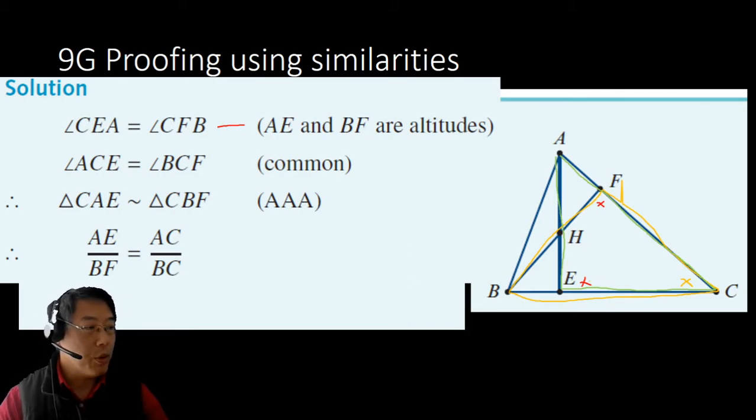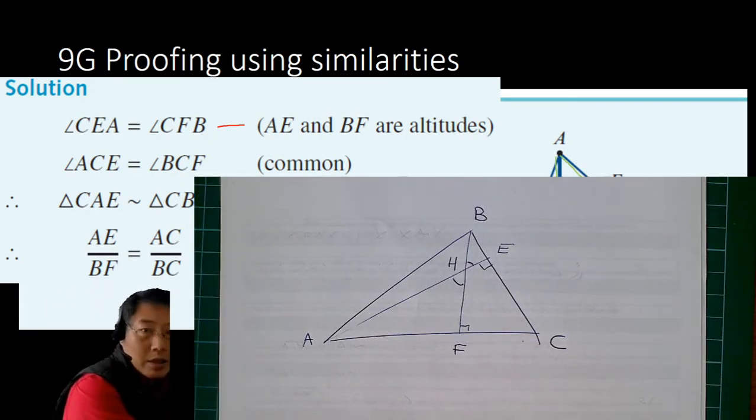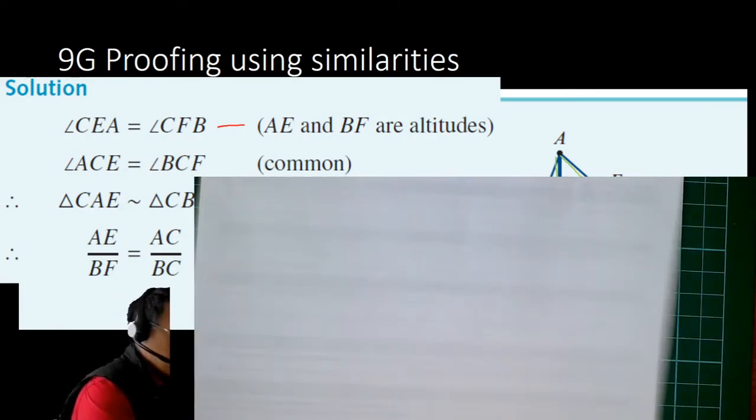So probably a good idea to actually also redraw the triangle in the correct side. So I would do something like this one. So let's say the dark one.